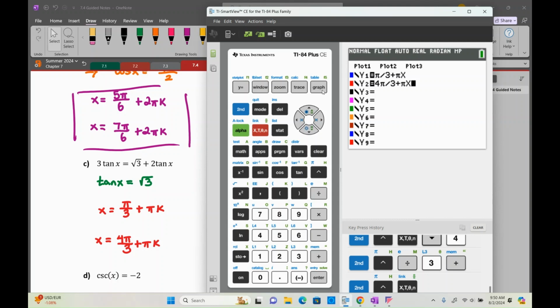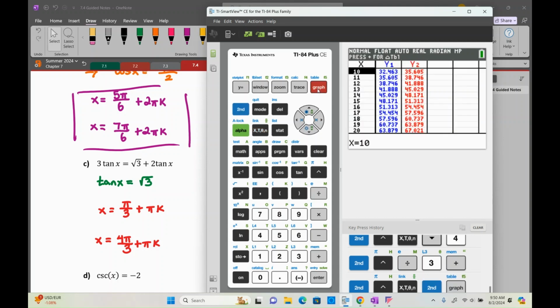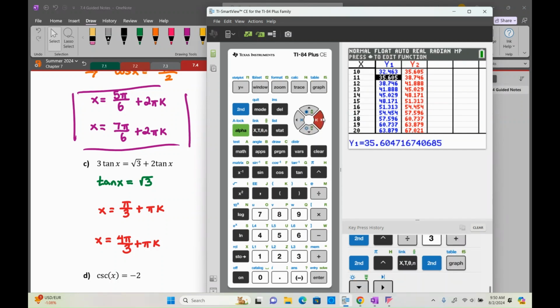These are the two formulas that are supposed to give me every solution to the equation. If I hit second and graph to look at the table, notice that along the diagonal, in this one, you see 35.605. If you look up and to the right at the second list, you see that same number. And if I scroll down to 38.746, again, if you look to the right at the next list, you'll see that same number. So both of these lists produce all of the same numbers, so you only need one of them.